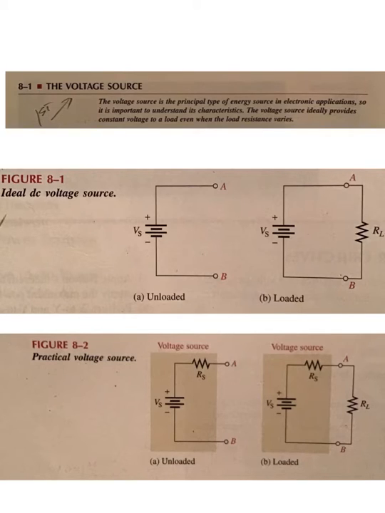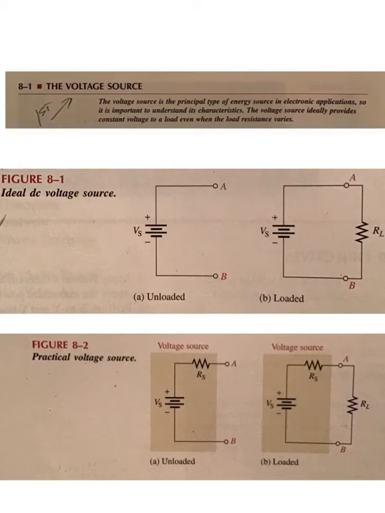So what I want you to get out of this first picture, and there are minimal calculations in these first two sections, is this. When we get into 8-3, we'll do some work with the voltage sources. But right now, I just want you to get out of it that an ideal voltage source has no resistance, while a practical voltage source has minimal resistance.